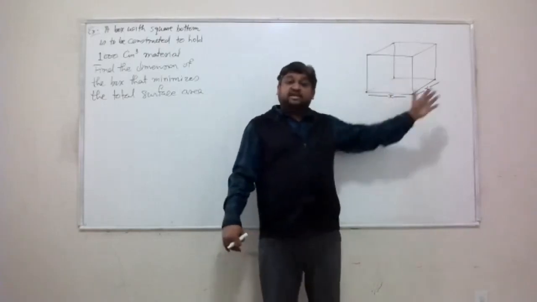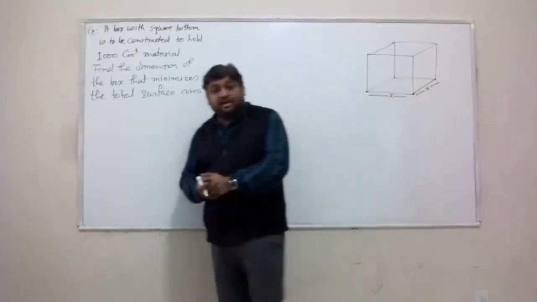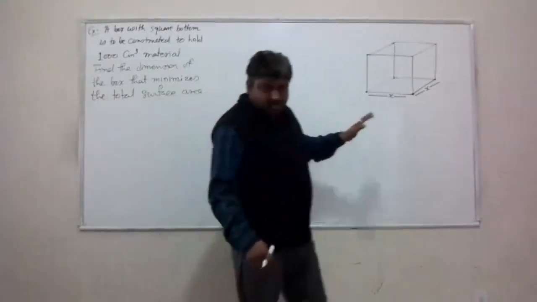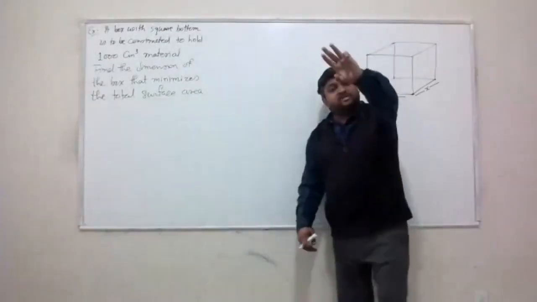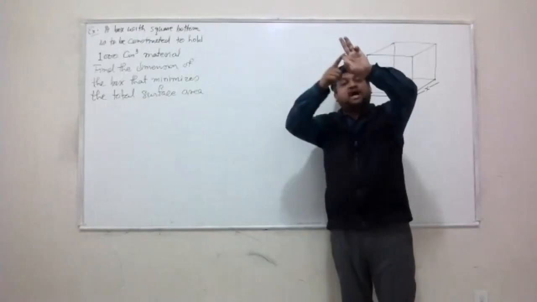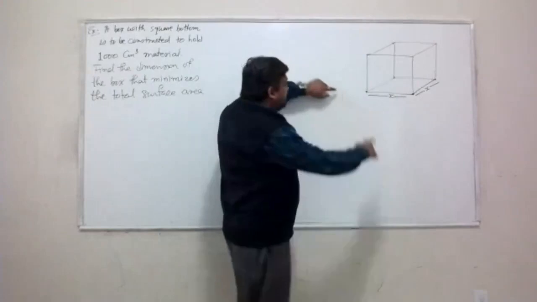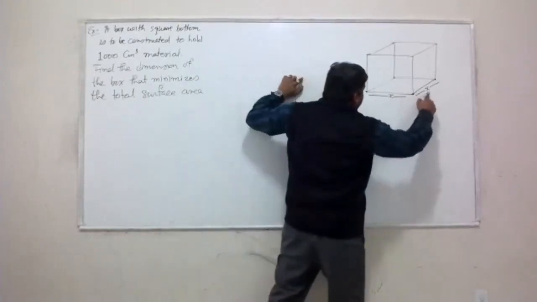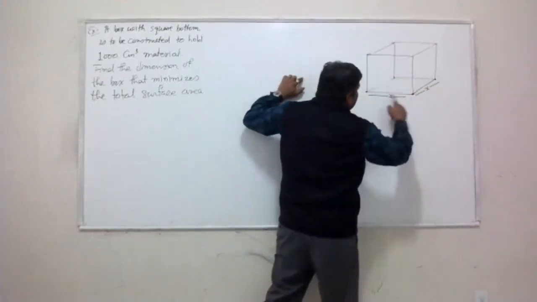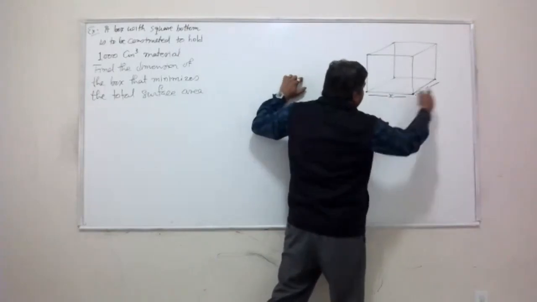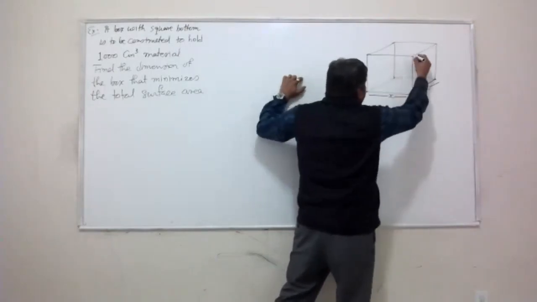As I said, it's a practical question, right? Let's try to answer this question carefully. The box has 3 dimensions: height, width, and length. Because the base is square, I am going to use variable x to represent length and width for the box.